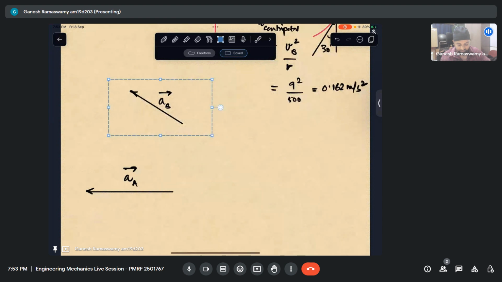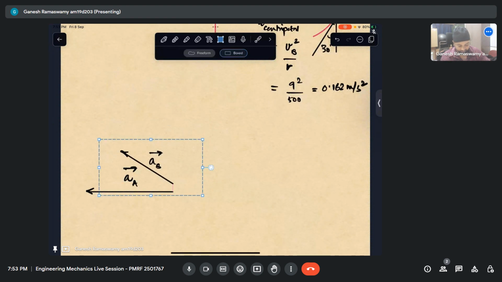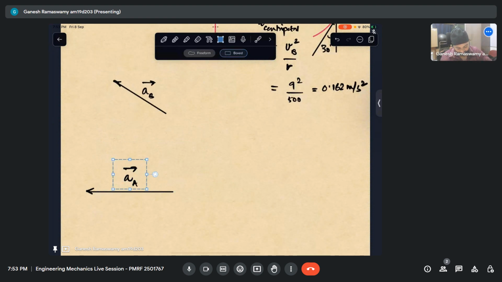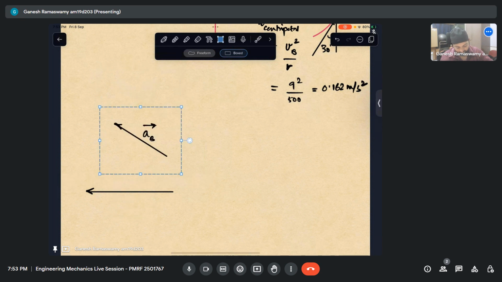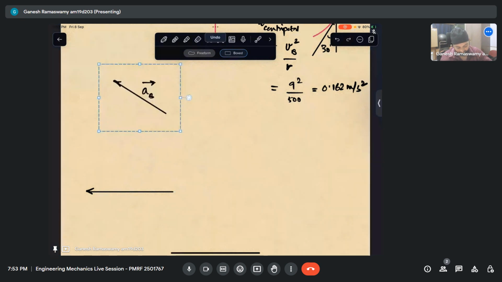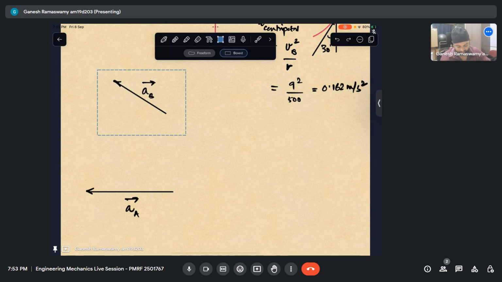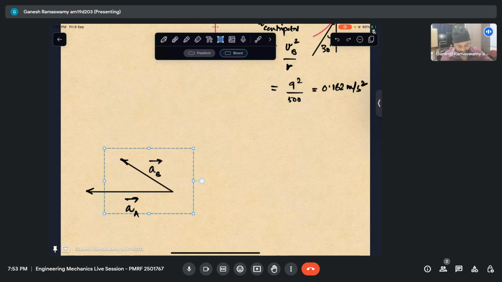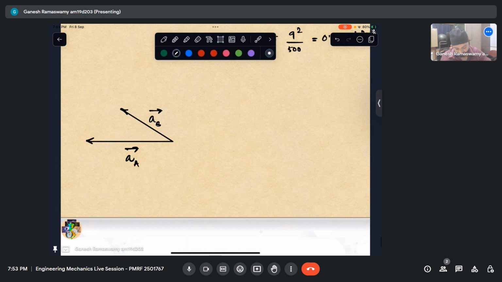So this is acceleration of A with respect to B. This is 30 degrees.